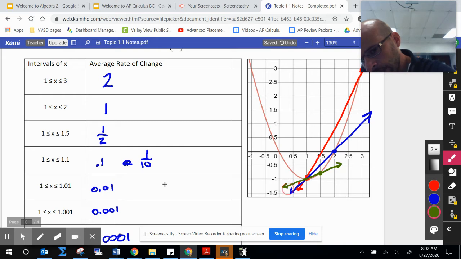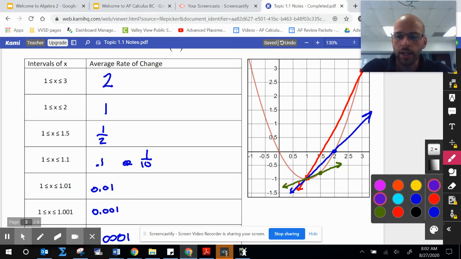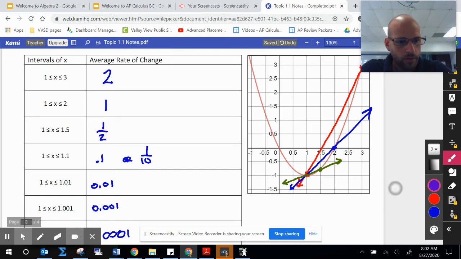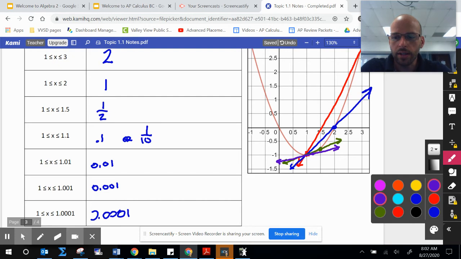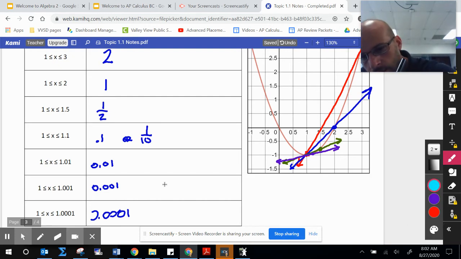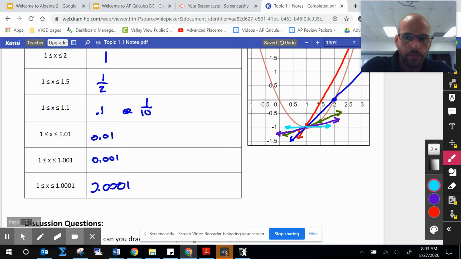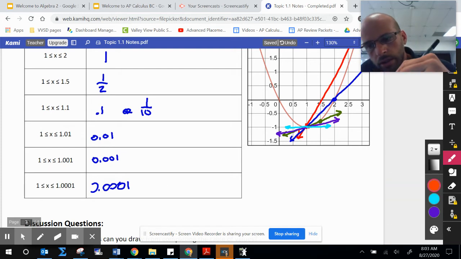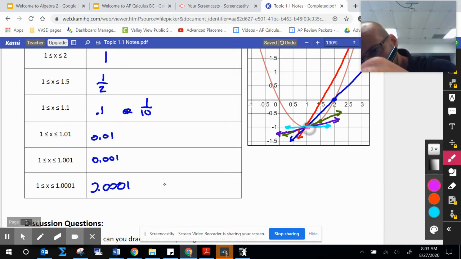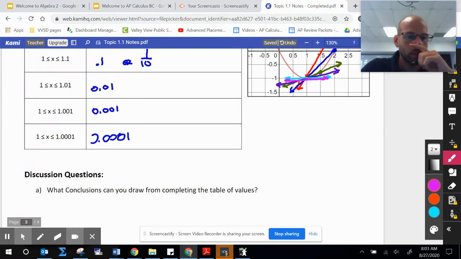And then after that, it gets pretty hard to draw if you're drawing it. So from 1 to 1.1, and if I keep going here, you can see a pattern with these secant lines. And I think there's one more. We're going to use pink. All right, so I have these secant lines here between the points.